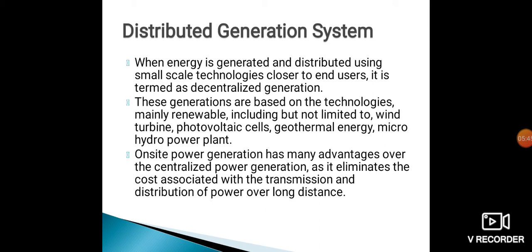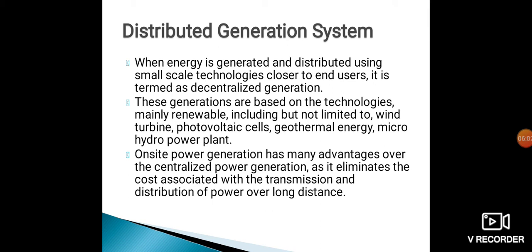What is distributed energy generation system? When energy is generated and distributed using small scale technologies closer to end users, it is termed as decentralized generation.